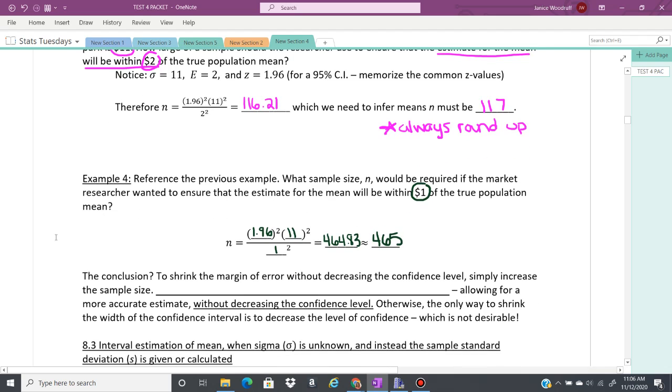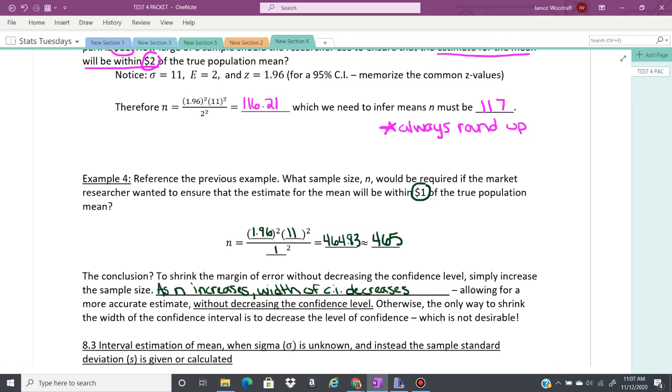So the conclusion: to shrink the margin of error without decreasing the confidence level, you increase the sample size. What that says is that as your sample size n increases, the width of the confidence interval decreases, allowing for a more accurate estimate without decreasing the confidence level.